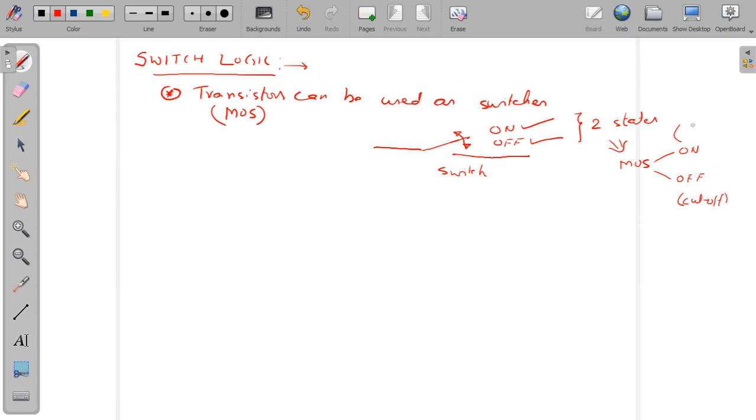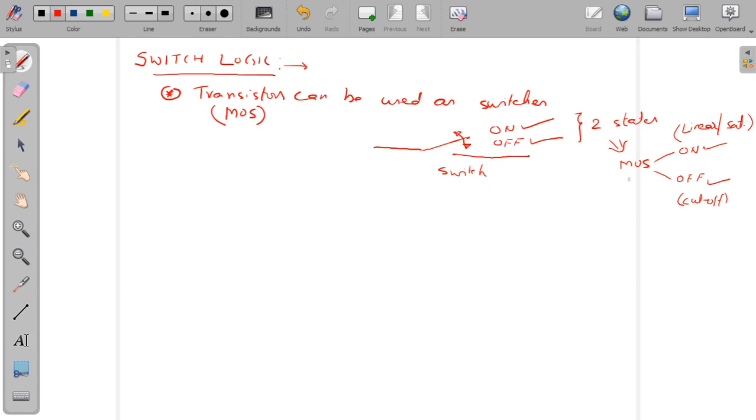When it is on, it can be in linear or saturation region. So if it is operating in the linear or saturation region, it is in on state, and if it is operating in the cutoff region, it is in off state. This is regarded as an off switch.